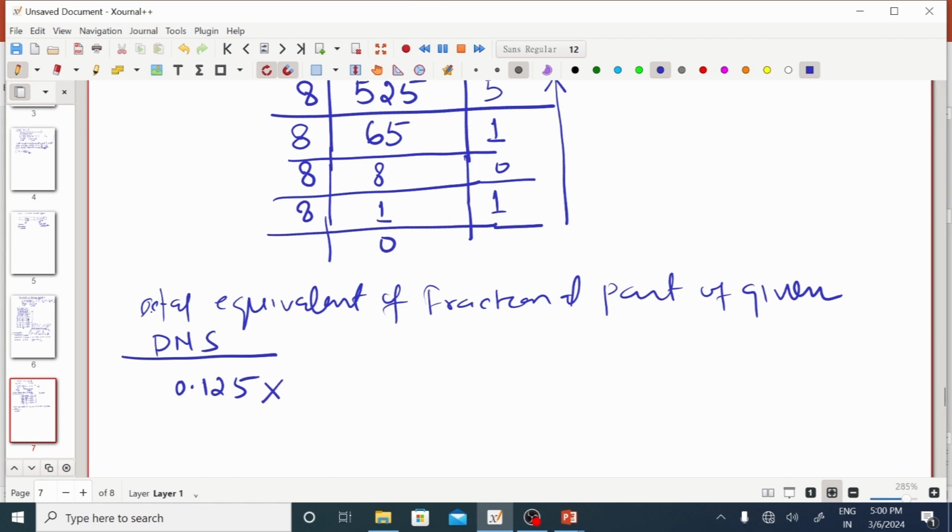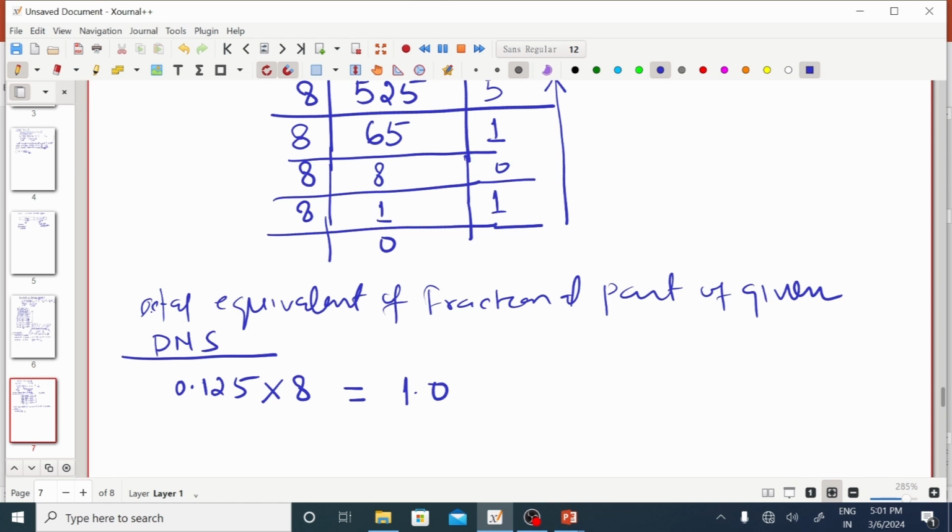Multiply it by 8 and take the integer, and if there is any successive fraction, then we again and again multiply it by 8 until the successive fraction becomes 0 or we obtain the desired result. When we multiply it by 8, it is exactly equal to 1.0.